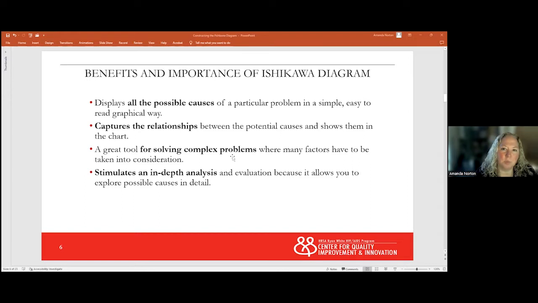And it really captures the relationship. If there is a cause, what is the potential relationship to the overall problem? And what are other things that are probably influencing that cause? It's really good for solving complex problems. And let's be honest, in healthcare and in HIV care, we have complex problems.